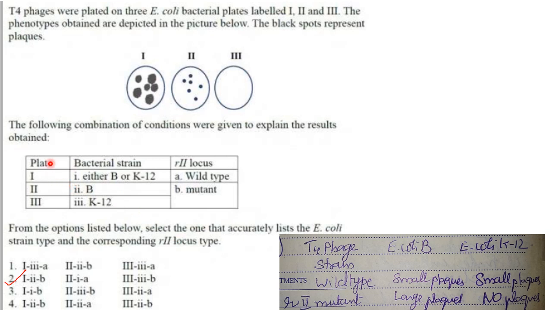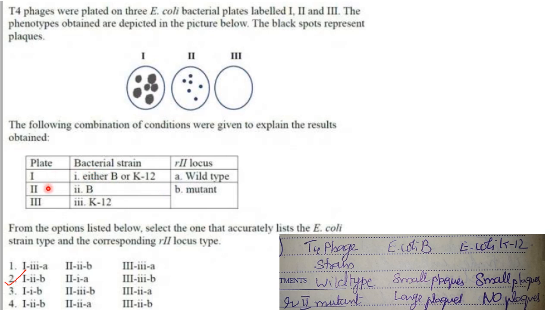So first one is this, plate 1, you have got large plaques. So large plaques, where do you see in this table that I have created? Large plaques are seen for E. coli B in R2 mutant. So first one, then it will be 2, that is E. coli B, bacterial strain will be E. coli B and it is an R2 mutant, so B. So first one will be 1, 2, B. Then next one you have got small plaques. Small plaques are seen in wild type T4 phage strain infecting E. coli B and E. coli K12.